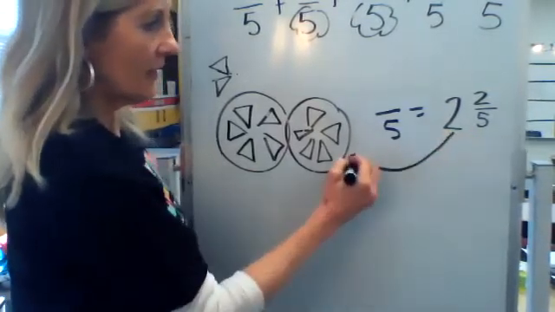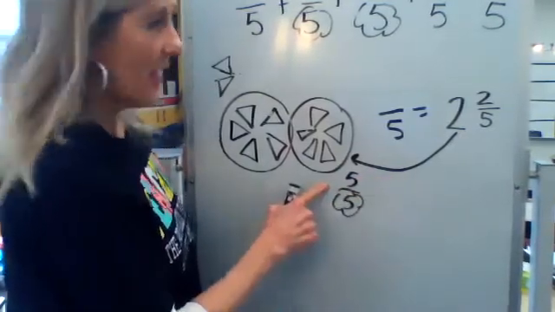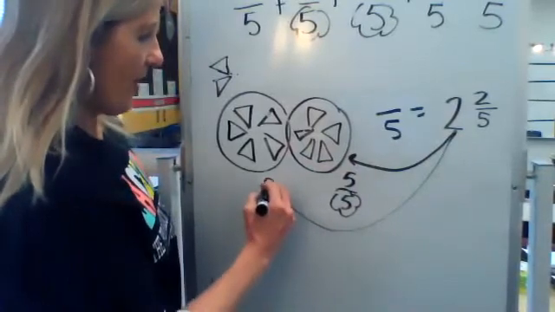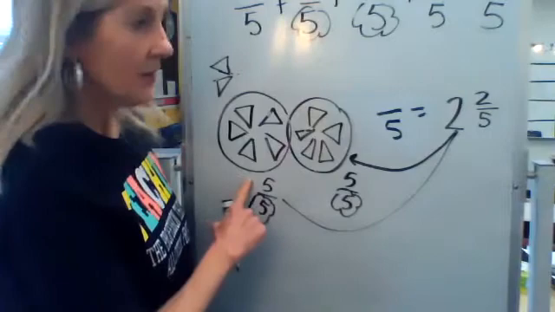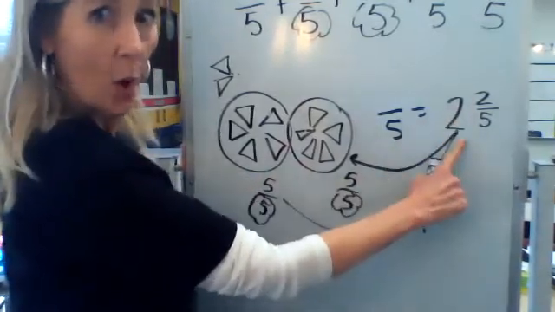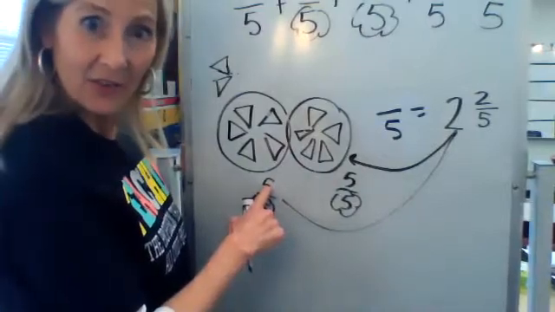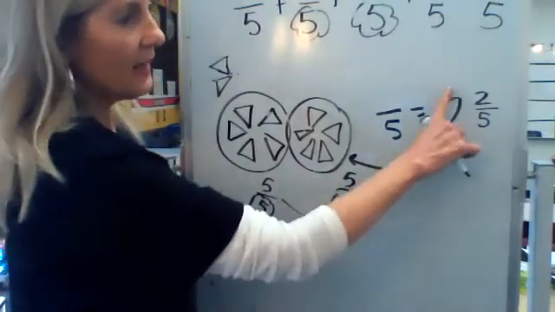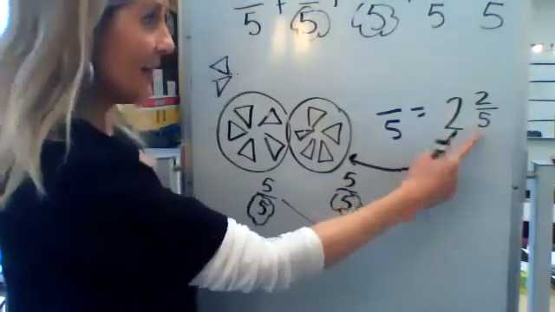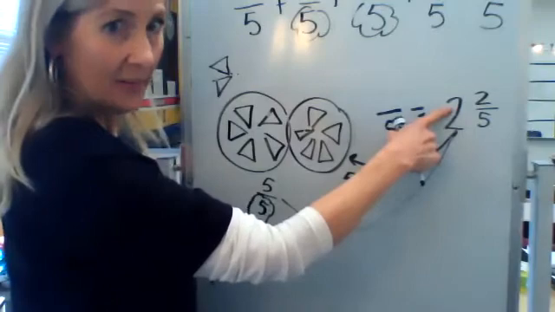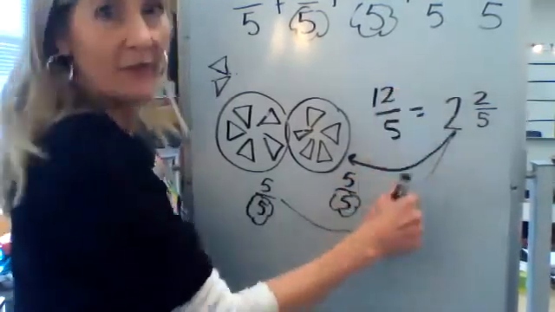I can see here, it took 5 fifths to make one of the wholes, and it took another 5 fifths to make the other whole. So these 2 whole cakes represent 10 fifths, don't they? So if I can understand what fractional amount made each of these wholes, I'll be able to tell you 10 fifths made up the 2 wholes, and there's 2 more. So altogether, that's 12 fifths.